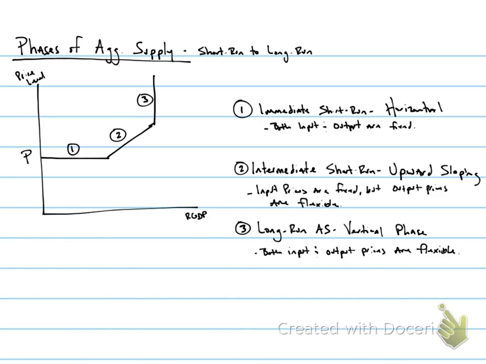Okay? And so what you can see is the difference between the three phases are the fact that our output prices change faster than our input prices. But when our input prices catch up to our output prices, that creates that vertical curve. And so this is what allows an economy to move from short run to long run.